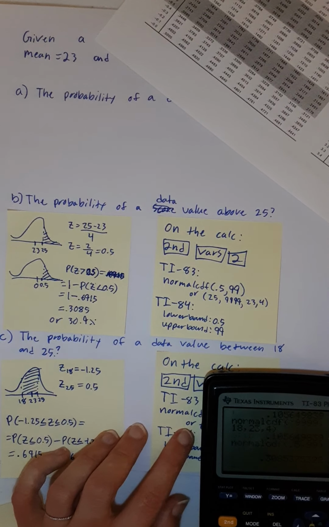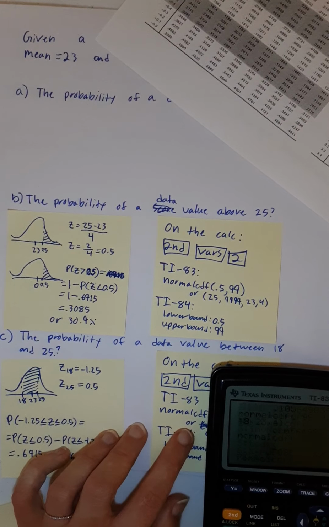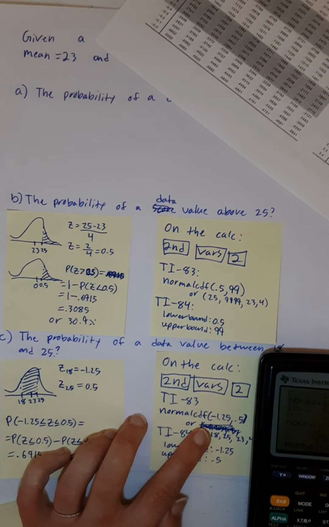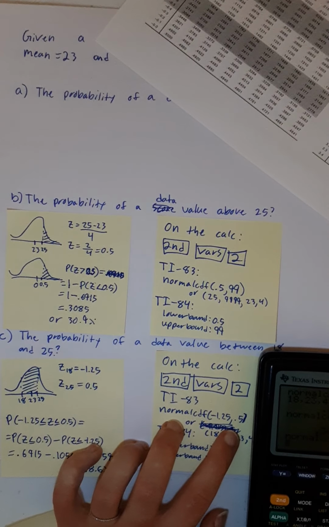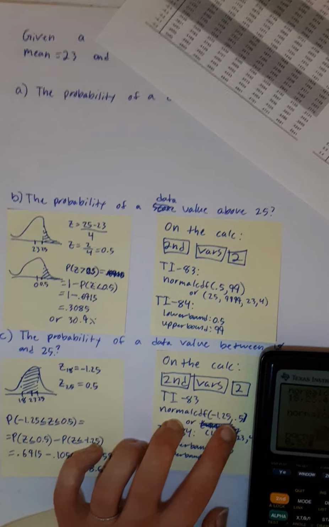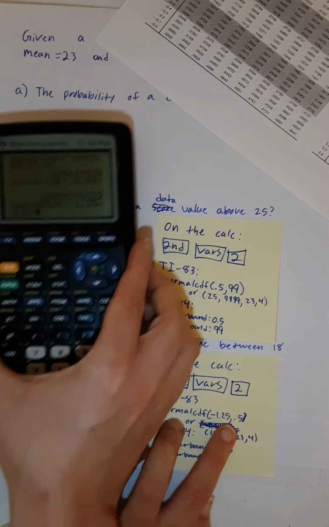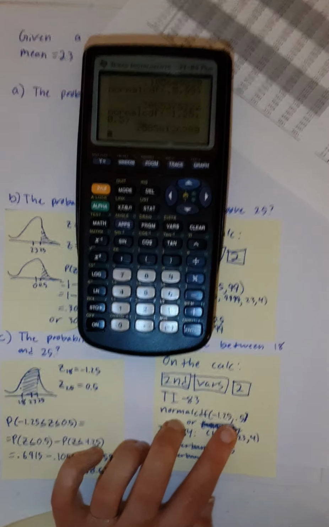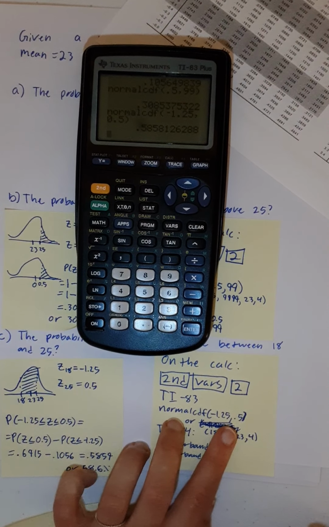So I can plug those in to my calculator, and I just get negative 1.25, comma, 0.5. Again, I'm using z-scores, so it's assuming that my mean and standard deviation are 0 and 1, and I hit enter, and I get the same answer I did here.